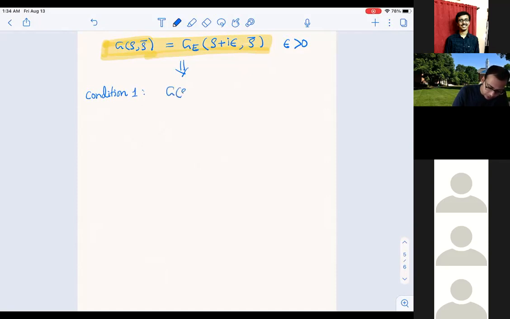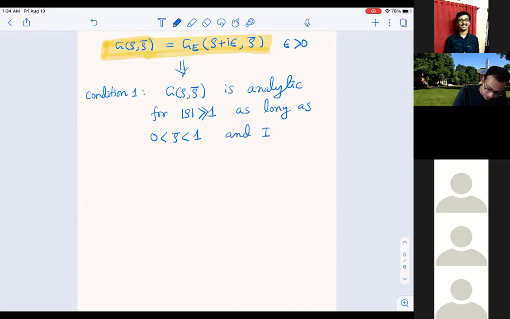The Regge correlator is analytic for rho greater than 1, let me say much greater than 1, as long as rho bar is between 0 and 1, and the imaginary part of rho is positive.